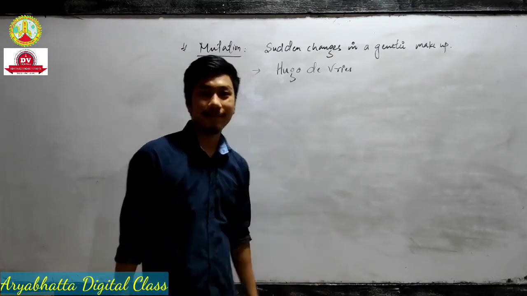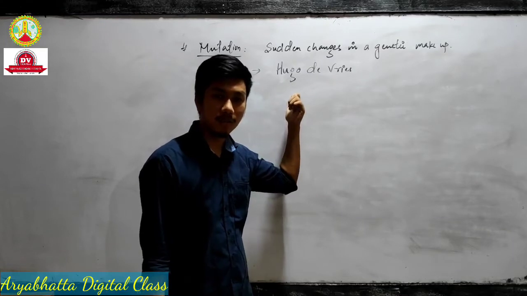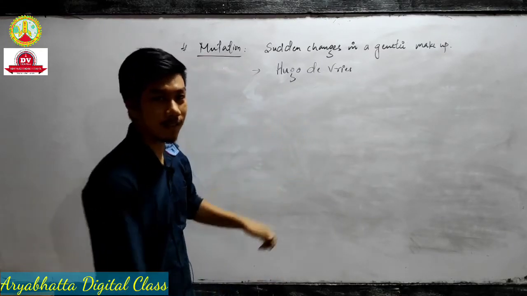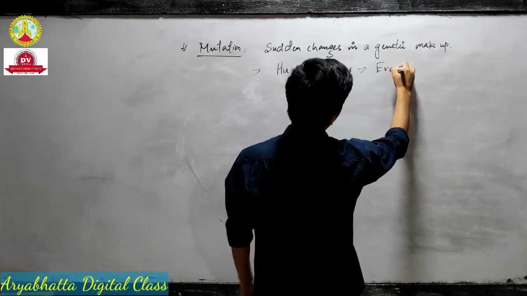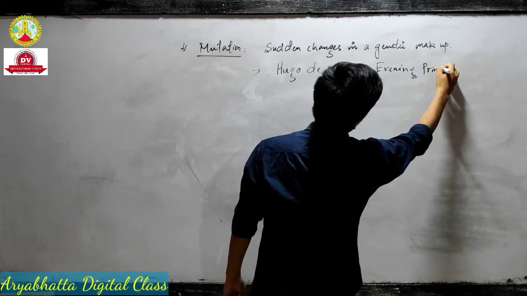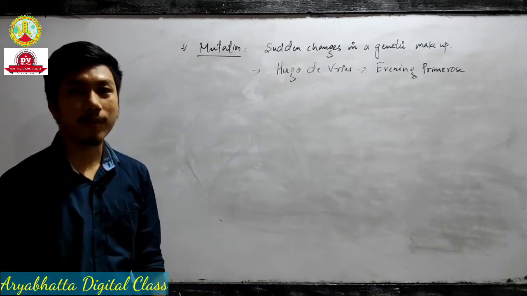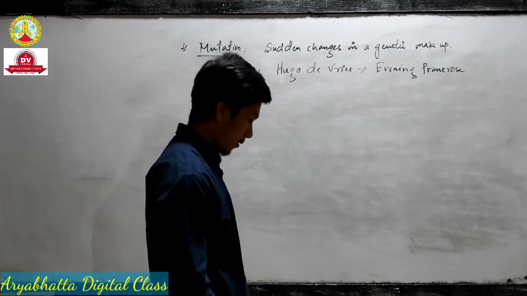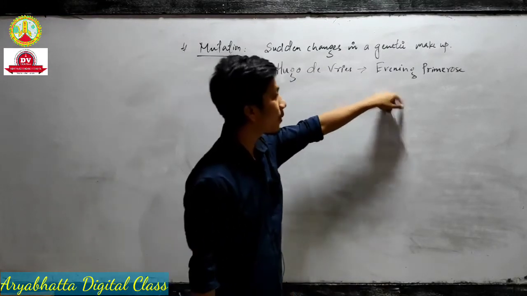Hugo de Vries, the scientist who first explained mutation, in a plant known as evening primrose. He explained for the first time mutation in a plant called evening primrose.